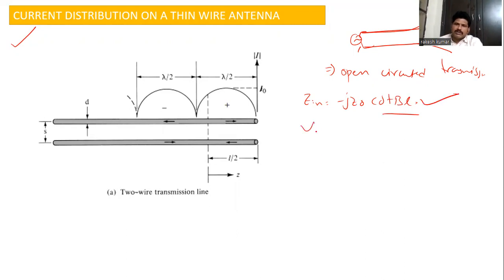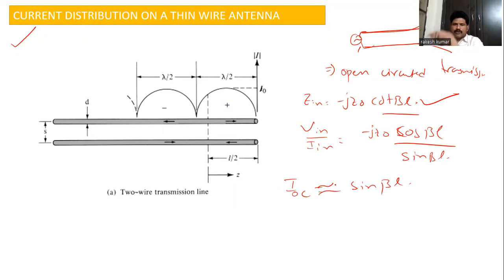Zin we generally consider as Vin by Iin, so it is minus jZ0 cos beta L by sin beta L. So in this open circuit, the current I_OC we can approximately consider as sin beta L. How will the expression for sin beta L behave? For example, if the length of the wire is 0, what is I_OC?